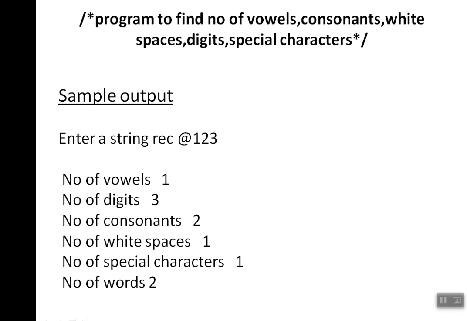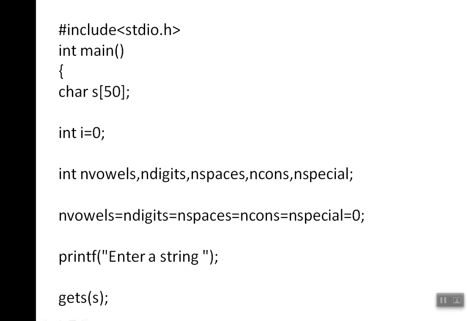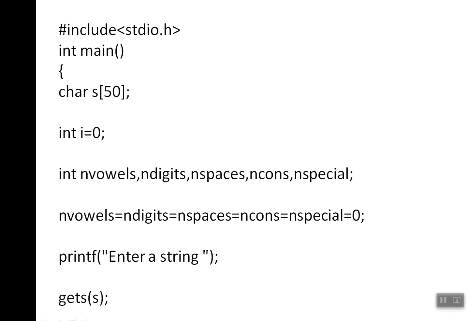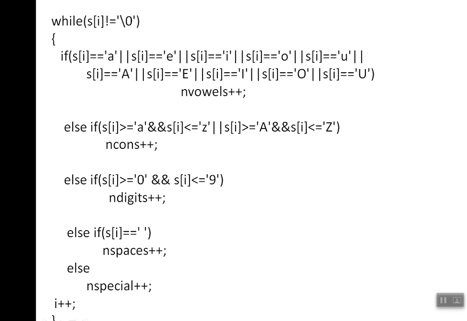Size is 8 plus 1, right? So I'm going to start from 0. The initial value of i is going to be 0, that is s of 0. I'll start from s of 0 until what? Until I reach null, \0. \0 is the null character.